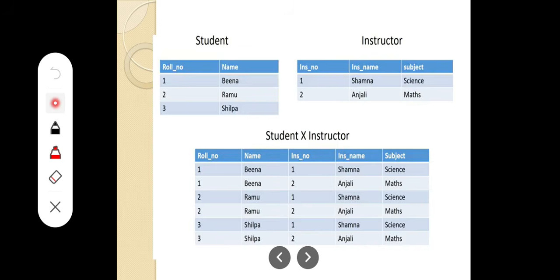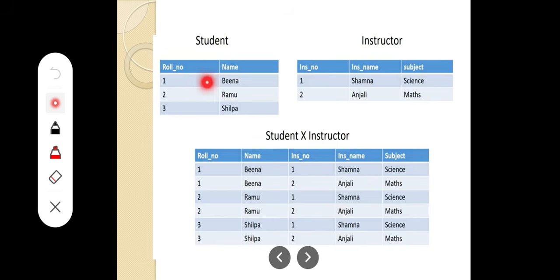Student cross instructor means all the rows in student are concatenated with each and every row in instructor. For example, Bina is concatenated with the first row in the instructor as well as the second row. So the resultant table will be like this.